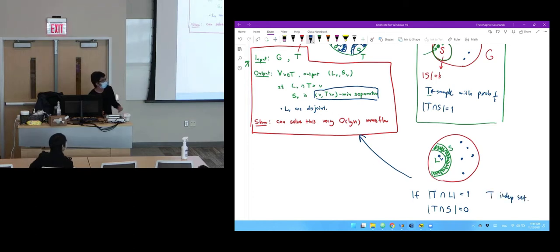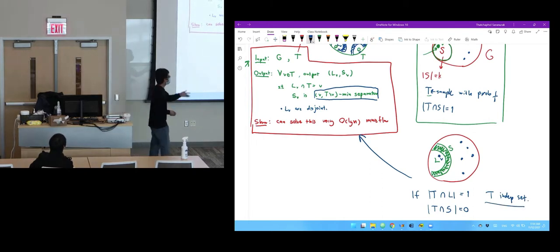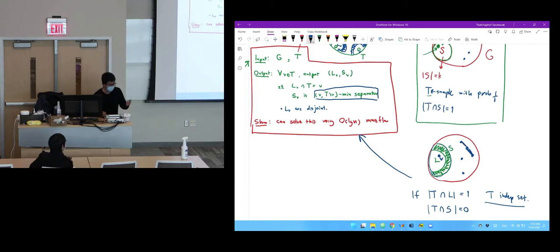But this one is quite easy to ensure, because if they are not independent, like if it turns out that V is in here and nothing here except V is in T, if these are not independent, you can just prune some of them out.